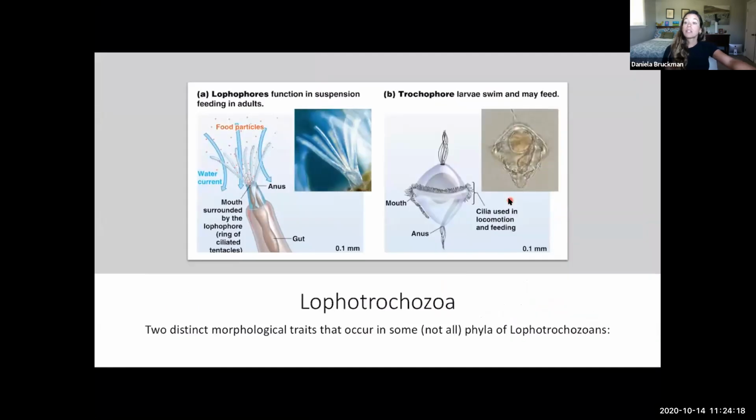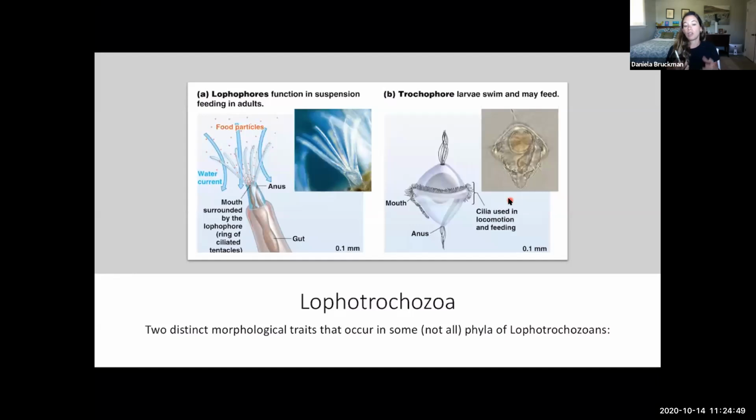Okay, so let's talk about these Lophotrochozoans. This is the first major group of protostomes, and it's a good idea to keep track of these names, even though they're kind of technical and complex. These names are important because they are names of monophyletic groups. We talked about early on in the evolution lessons how we really want to organize organisms in the natural world according to their evolutionary relationships and therefore their phylogenies.